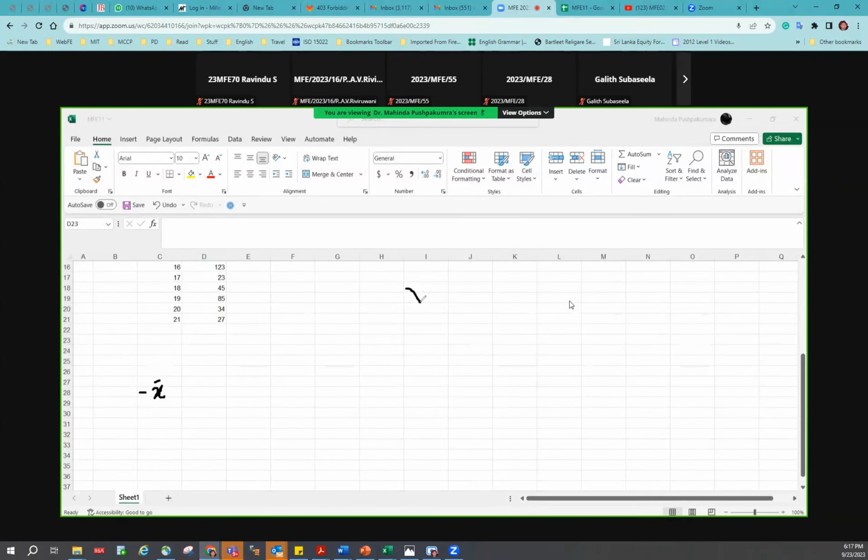Now how to construct a confidence interval? The formula is plus or minus Z alpha over 2 times the population standard deviation divided by square root of n. The sample mean we know, 95, plus or minus.